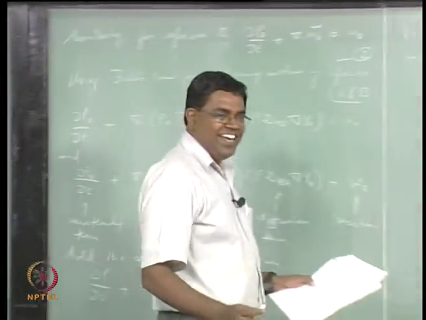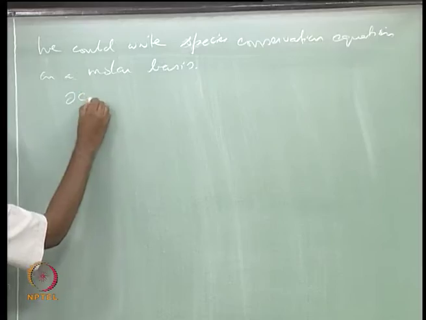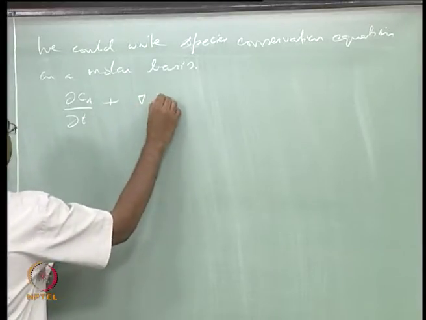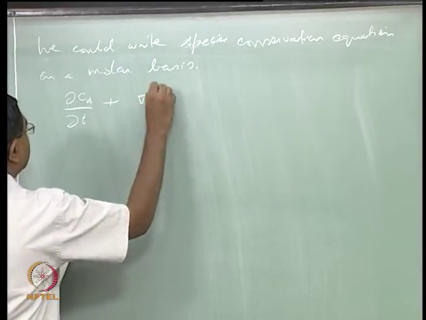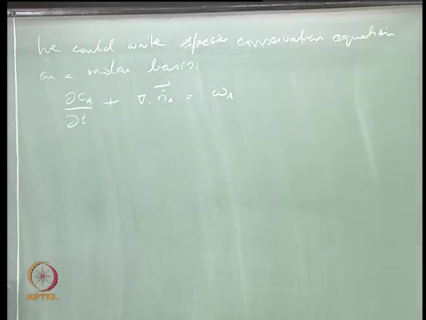So simple, right? So we could write dou CA over dou T plus divergence of NA vector is equal to omega A, alright. Can you do what I said before?